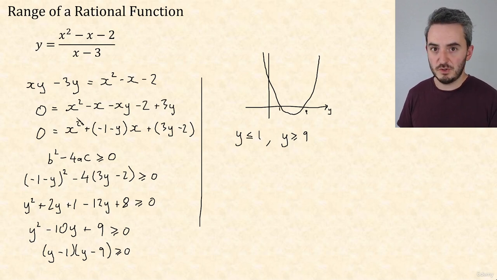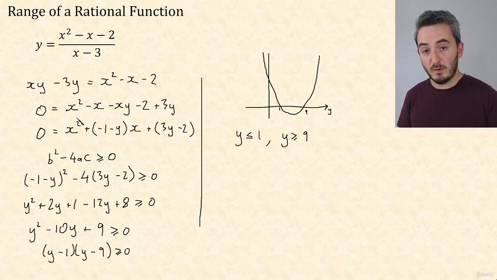It's like a solution to this quadratic. That will give you a quadratic or some kind of equation in y, and then you can solve that inequality. All right, let's look at some other cases just to practice.